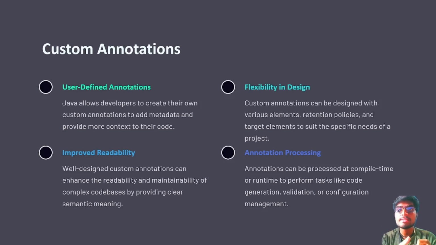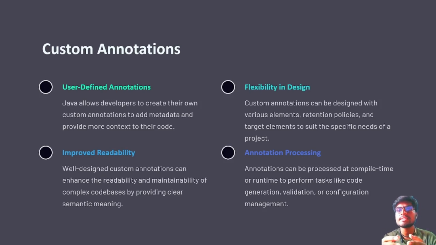And another one is RUNTIME, which is available at both compile time and runtime. After that we have to define our own annotation. For that we use @interface followed by our annotation name, then open and close curly braces, and in between you can provide any integer or string.